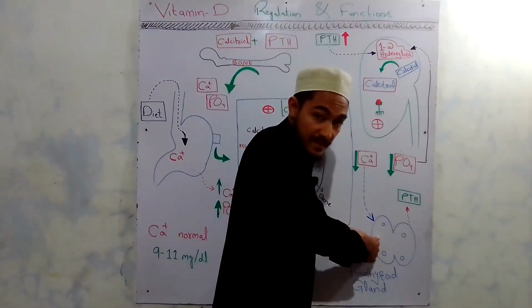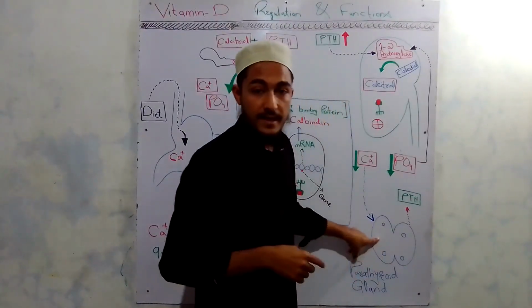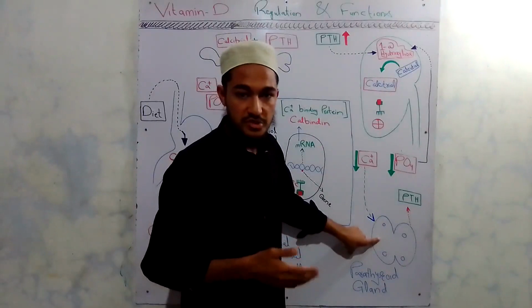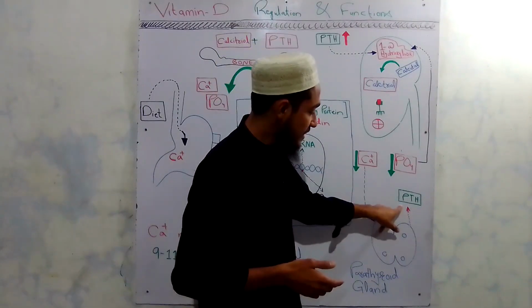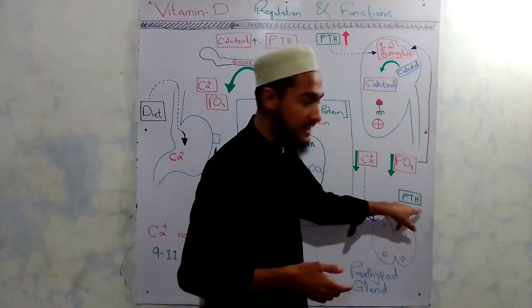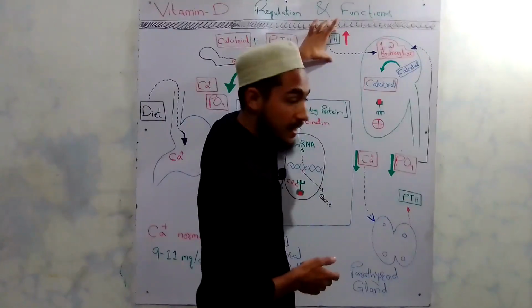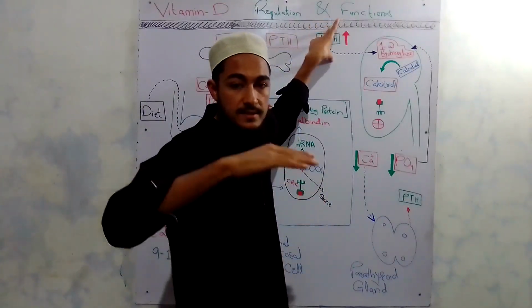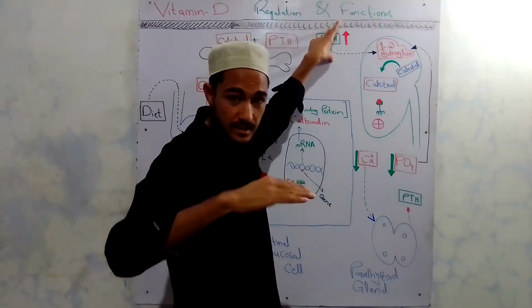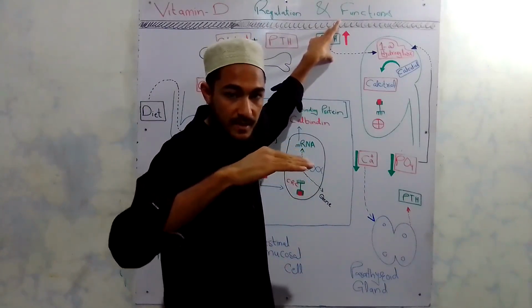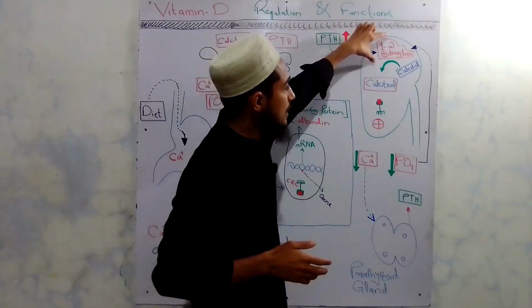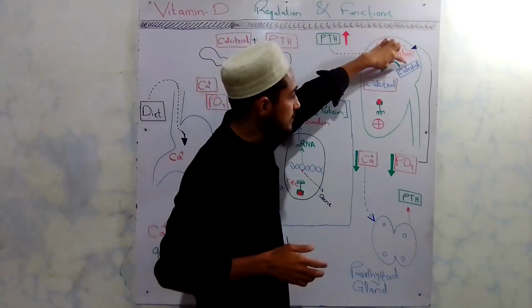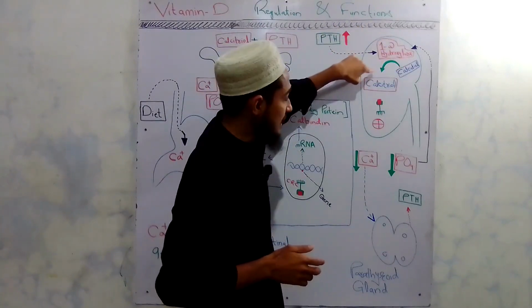In the parathyroid gland, parathyroid hormone is released from the chief cells of the parathyroid glands, and this parathyroid hormone, PTH, will be increased in the plasma. The high level of PTH in the plasma will stimulate 1-alpha hydroxylase to convert calcidiols into calcitriols.